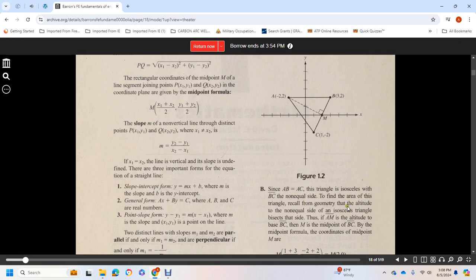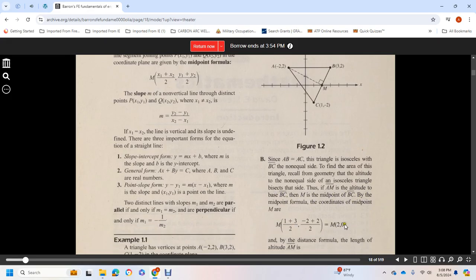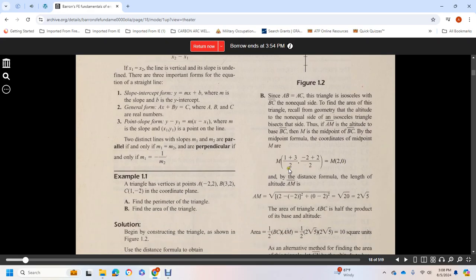Find the area of the triangle. Recall from geometry that the altitude to the non-equal side of an isosceles triangle bisects that side. Thus, line AM is the altitude to the base BC, and M is the midpoint of BC. By the midpoint formula, the coordinates of M are x equal to 1 plus 3 over 2, and y equal to negative 2 plus 2 over 2.